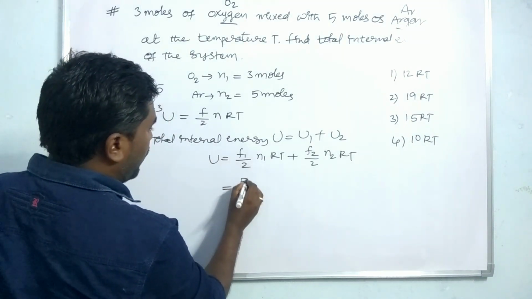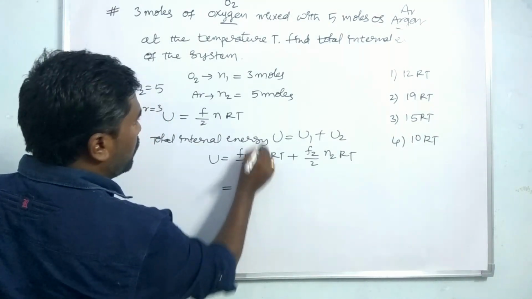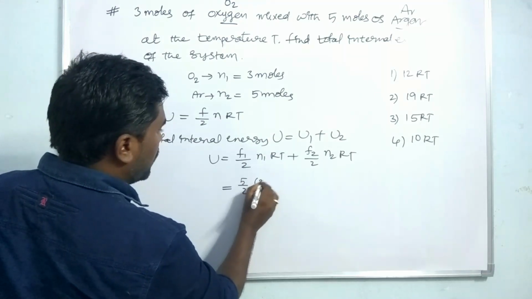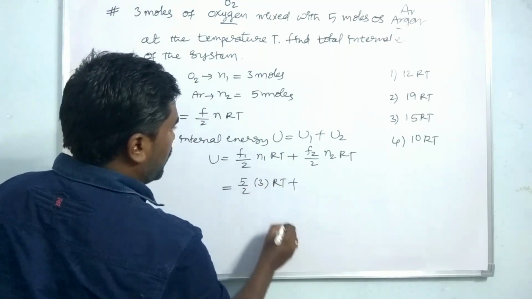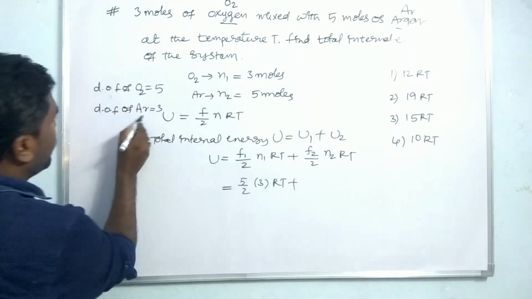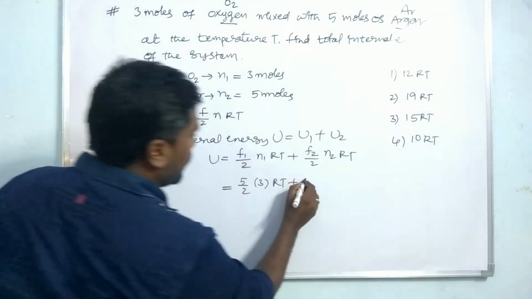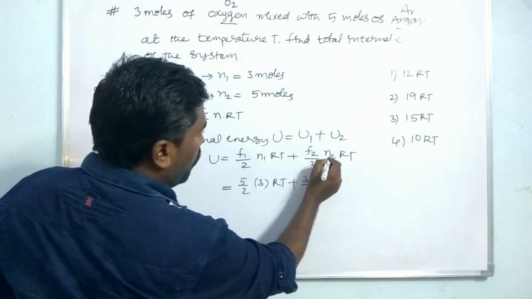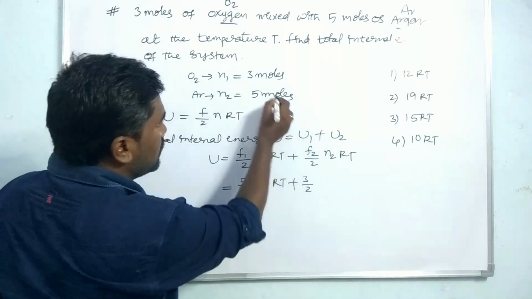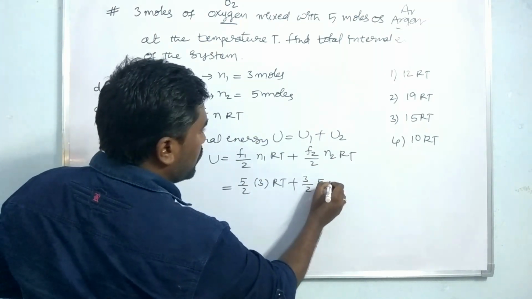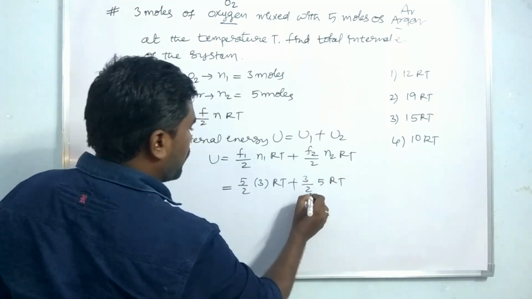Here you can write 5 by 2 N1. How many moles of oxygen? It is 3, into RT, plus f2, the degree of freedom of argon, 3 by 2. How many moles of argon? It is 5 moles, into RT.